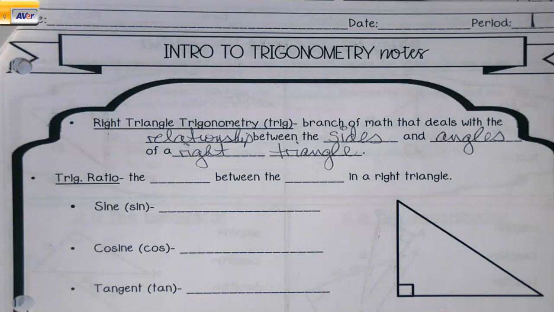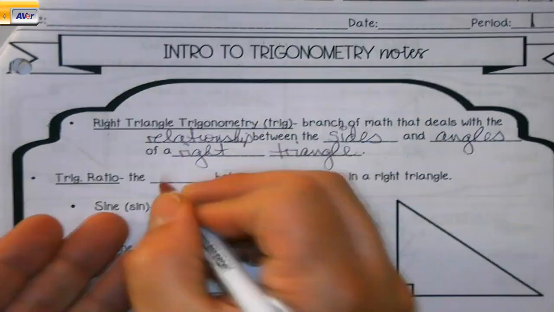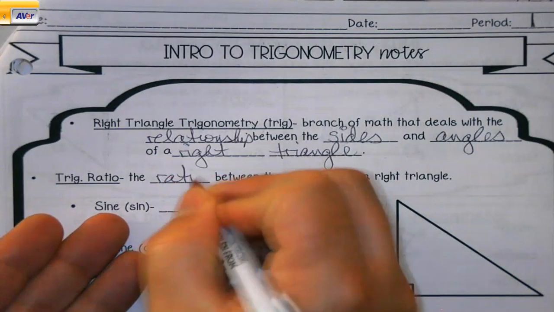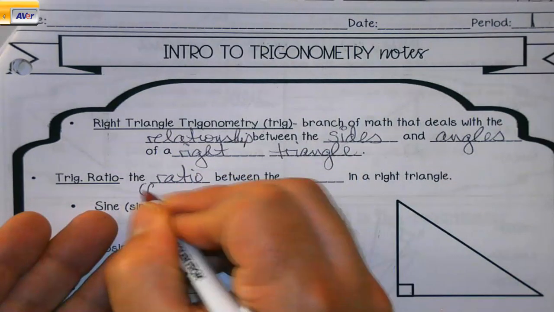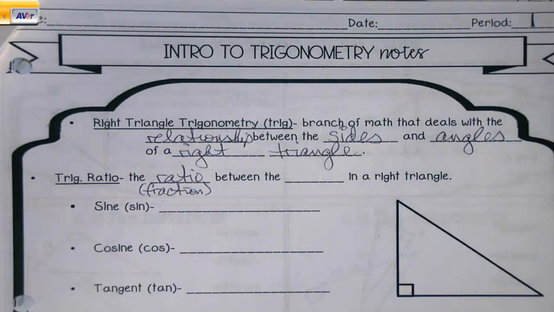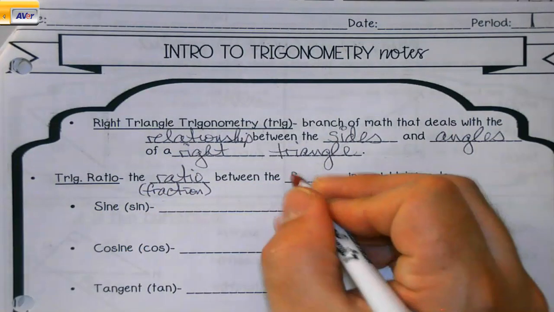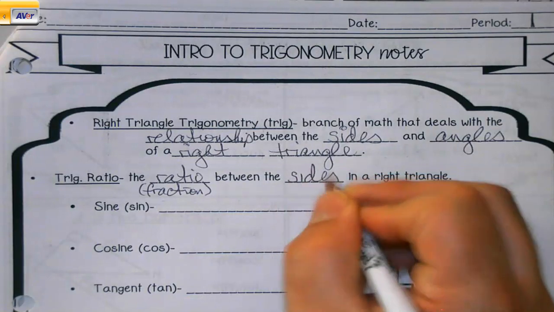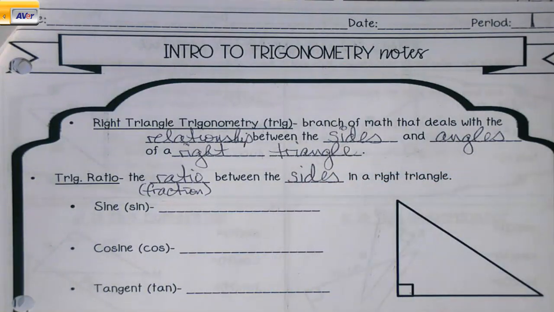So when we're doing right triangle trig, we're going to be making ratios. Now, a ratio is just a very fancy word for a fraction between some sides in the triangle. But here's the kicker.